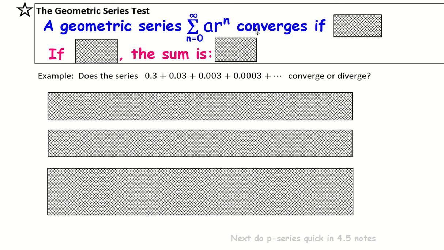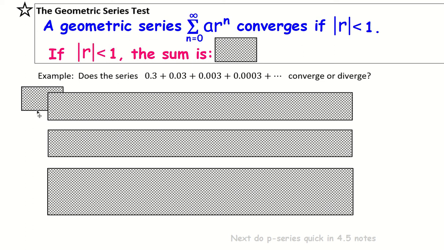We covered it big time in like section 2. So when does a geometric series converge? Well, if your common ratio is in between -1 and 1.